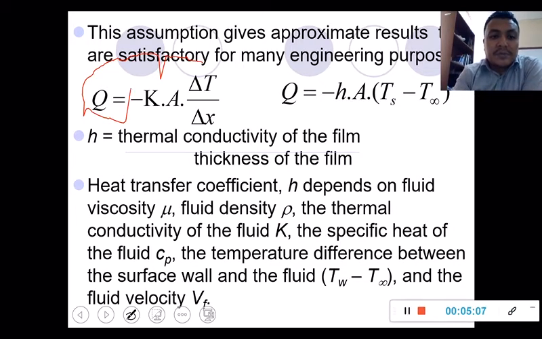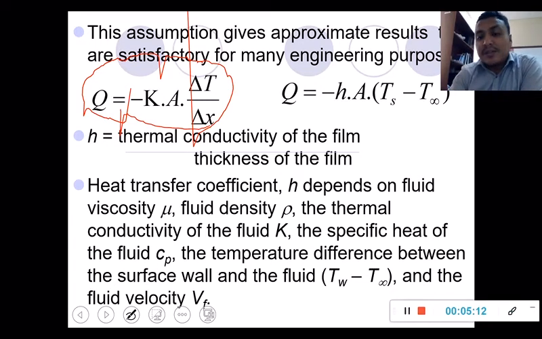The first is the formula for conduction, while this one is for convection. k is of course the thermal conductivity, and h is the heat transfer coefficient. The heat transfer coefficient h depends on the fluid viscosity mu, fluid density rho, the thermal conductivity of the fluid k, the specific heat of the fluid Cp, and the temperature difference between the surface wall and the fluid, which is T1 minus T infinity.